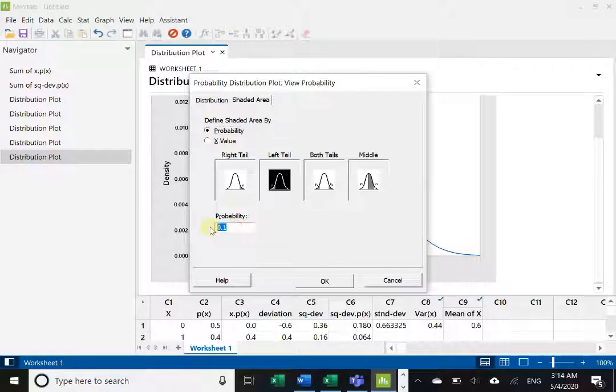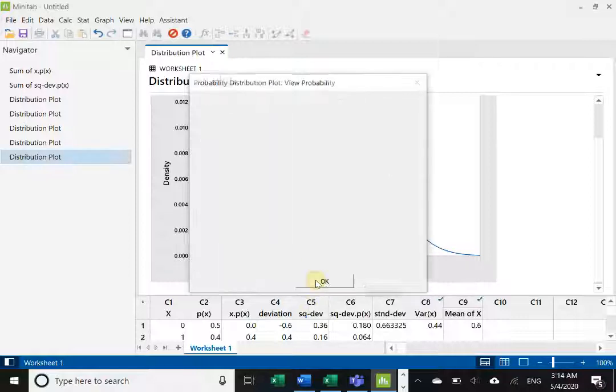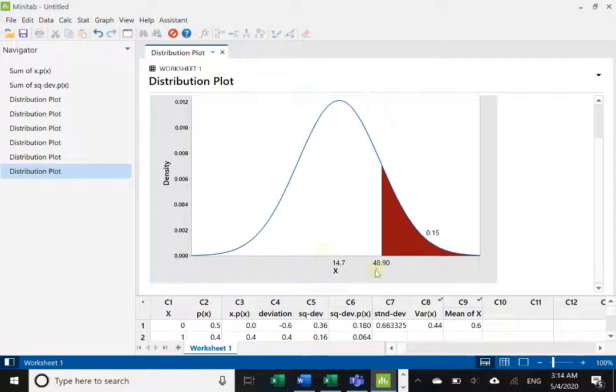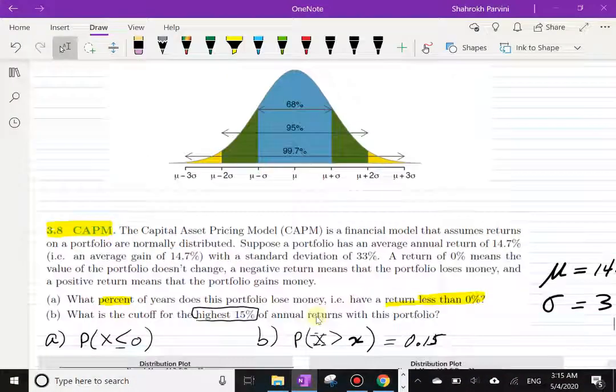We're going to give it a probability of 0.15, and that'll find the x cutoff point for us. And again, we want greater than, so that's got to be right tail, right? Make sure that the right tail is selected. And it's 48.9. That's where the cutoff is. 48.9%, that is.